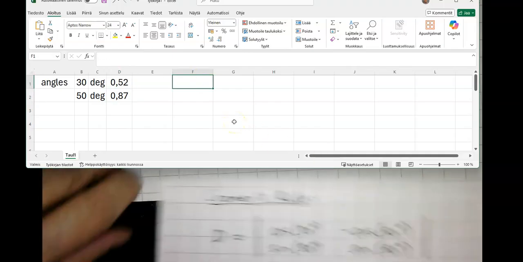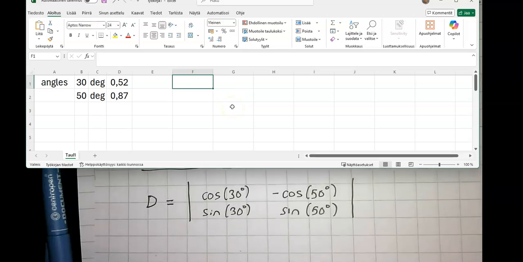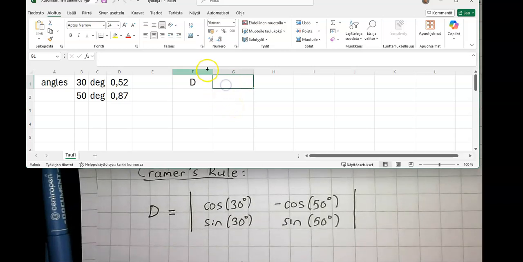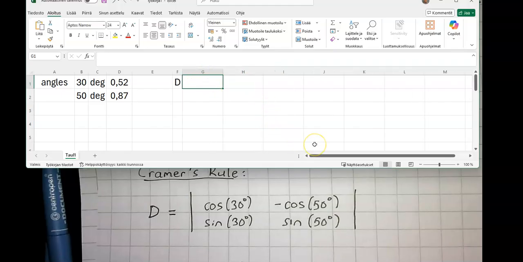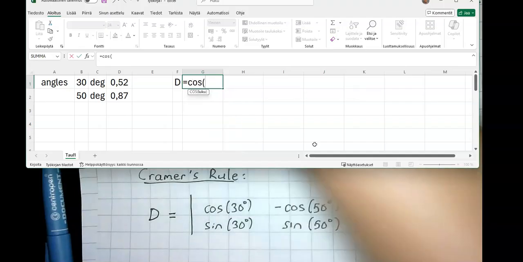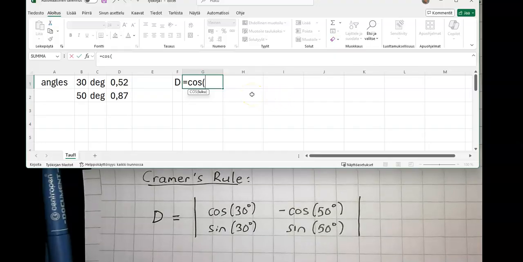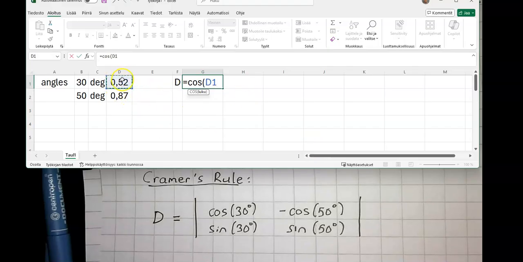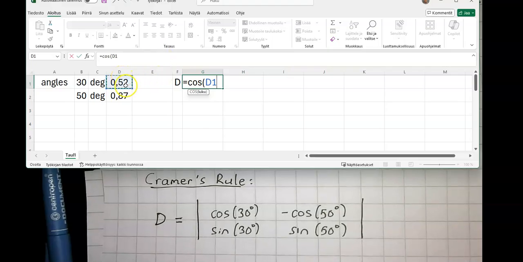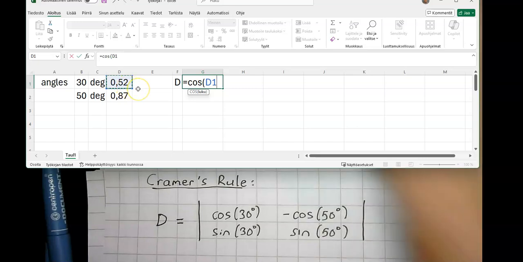And then we have this determinant here, the determinant D, and we have cosine equal sine cosine. In Finnish Excel the cosine is the same as in English version. It is exactly the same cosine, and we pick that value there, and I took that 30 degrees or 0.52 radians there.